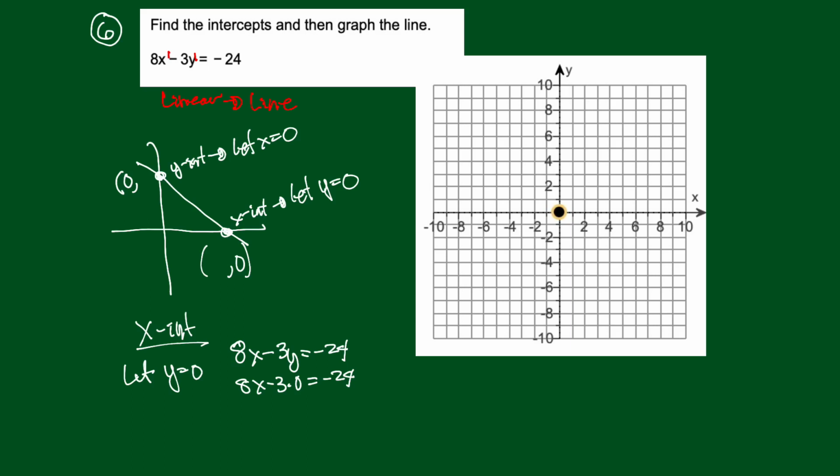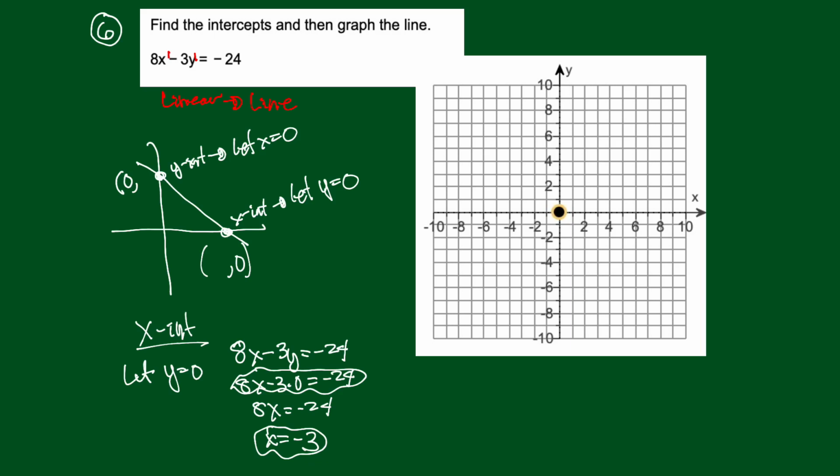Now that term just goes out. So you get 8x equals negative 24. Matter of fact, you don't even have to write this. If you're going to let something be 0, that term just goes out, and then just divide in your head. X is equal to negative 24 divided by 8, which is negative 3. All right, so the x-intercept is at negative 3.